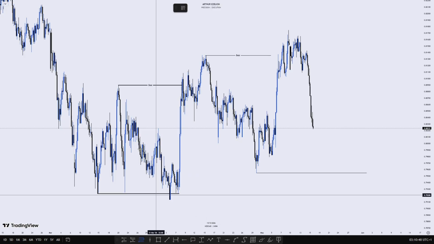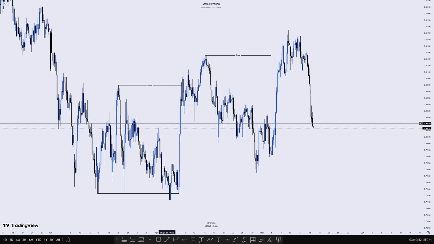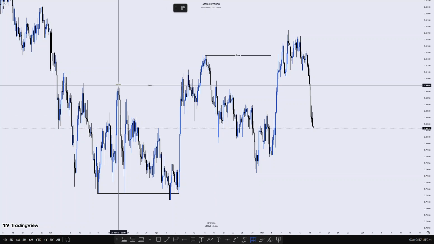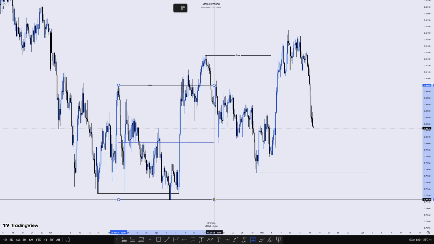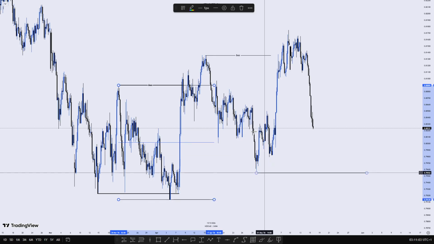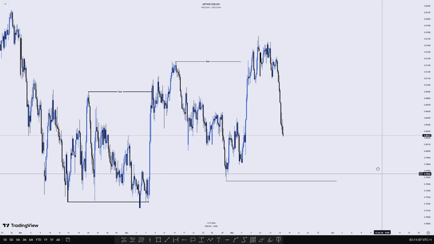Remember, this internal liquidity is sitting below 50% of the range marked from where the break occurred all the way down to the swing low. You can see this liquidity sitting there. So now where will our range be?